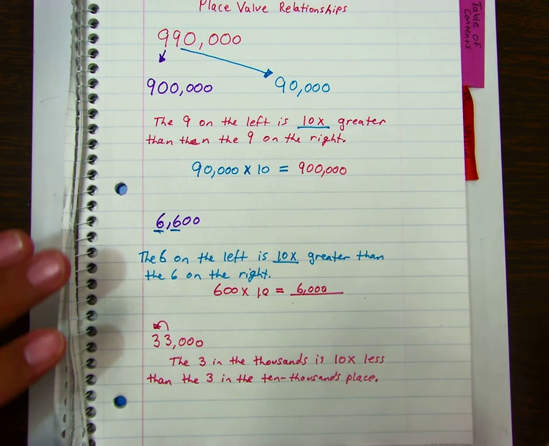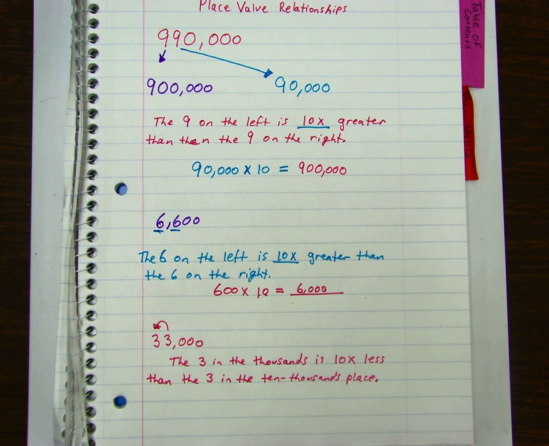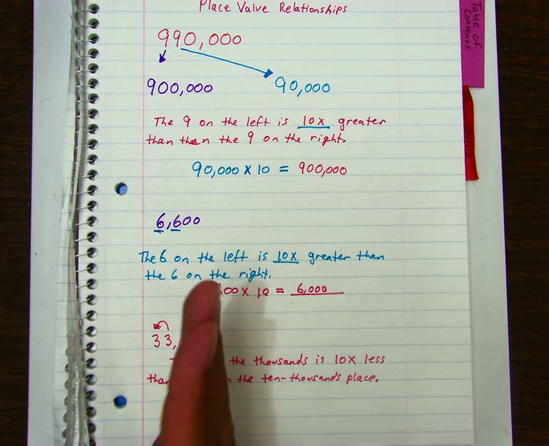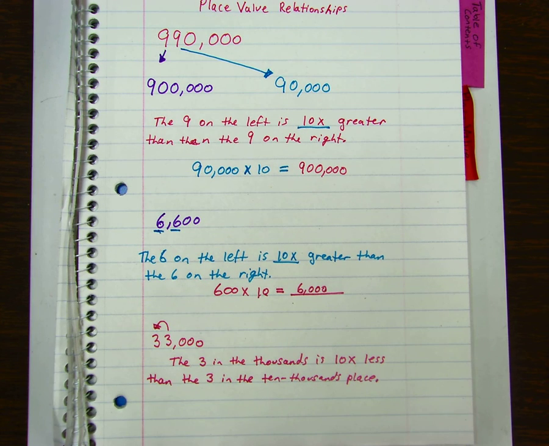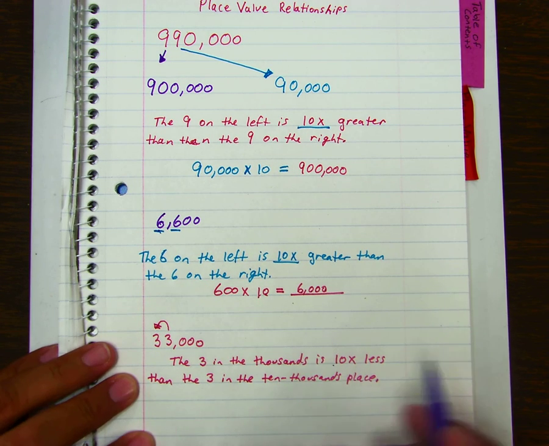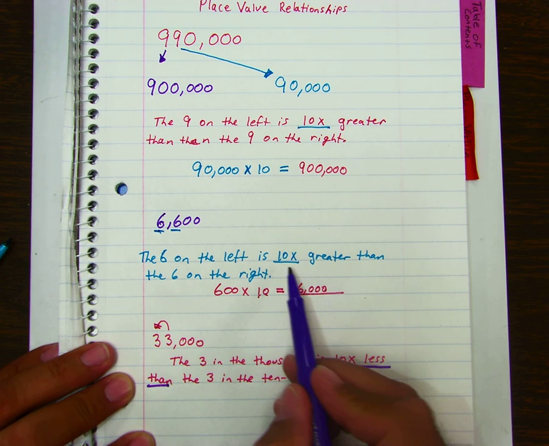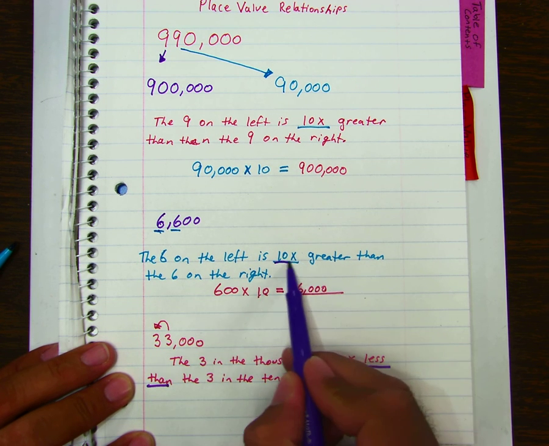That's basically just the reverse of what we were talking about before. So the students may have questions asking about the relationship of the smaller place value compared to the larger place value. In that case, make sure the kids understand that it's going to be 10 times less than and not 10 times greater than.